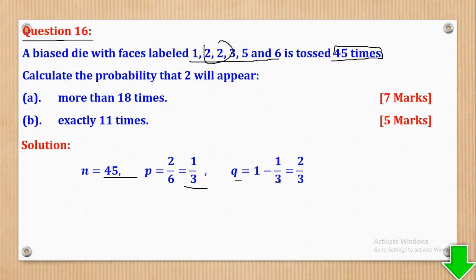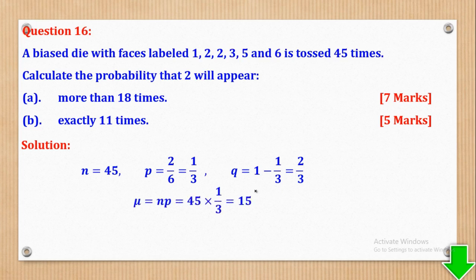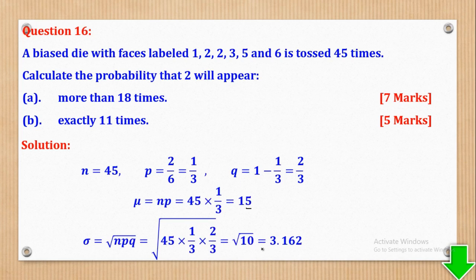Then q is the probability of failure, which is 1 minus the probability of success, and q is 2/3. Now that I have n, p, and q, I can get the mean and standard deviation. The mean is np, and it will be equal to 15. Then the standard deviation is the square root of npq, and it will be equal to root 10.